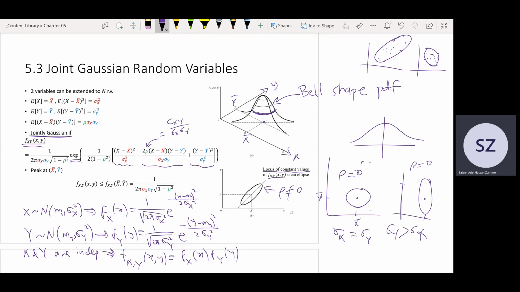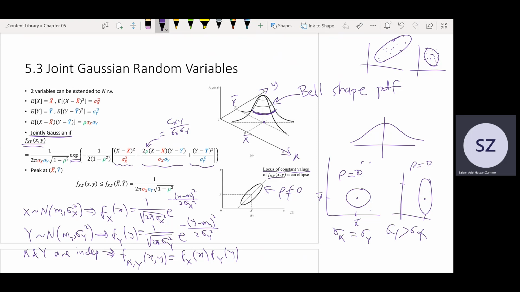الآن your friend pointed out a very important concept here. الآن احنا قلنا when rho equals zero means they are uncorrelated, صح؟ This is in general for any two random variables with rho equals zero, you have uncorrelated. Now what about jointly Gaussian? Jointly Gaussian are those random variables that satisfy this joint PDF. Look at it.